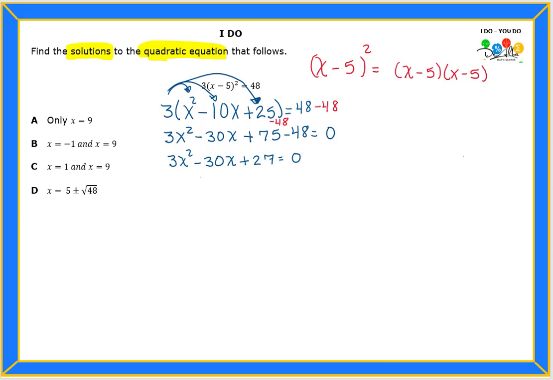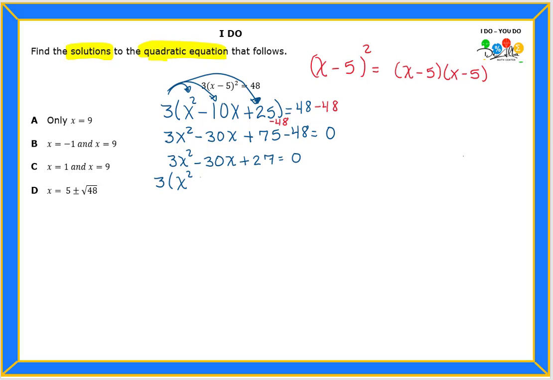Okay, so I need to find my binomials, which are my factors. But before I do that, I notice that they all have a common factor, which is 3. Therefore, I will bring 3 outside, and 3 times what gives me 30? 3 times 10.